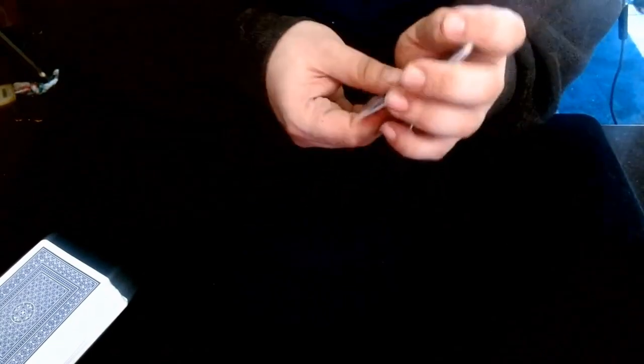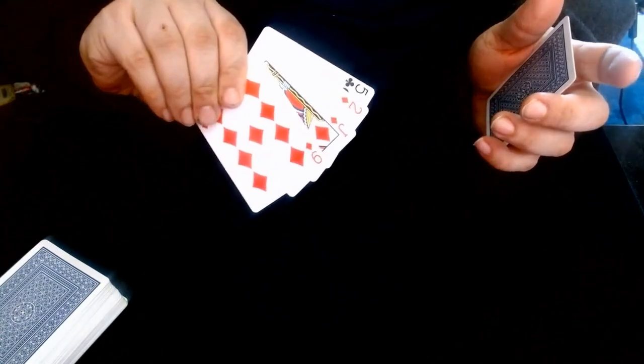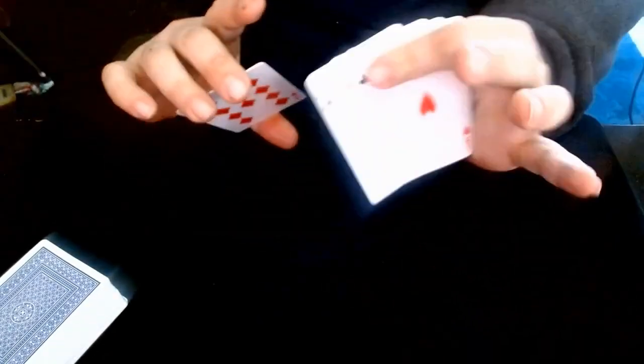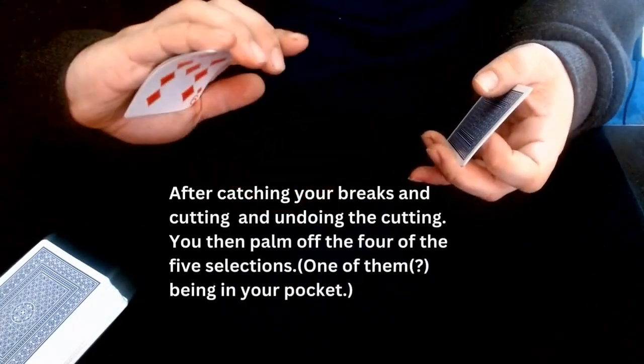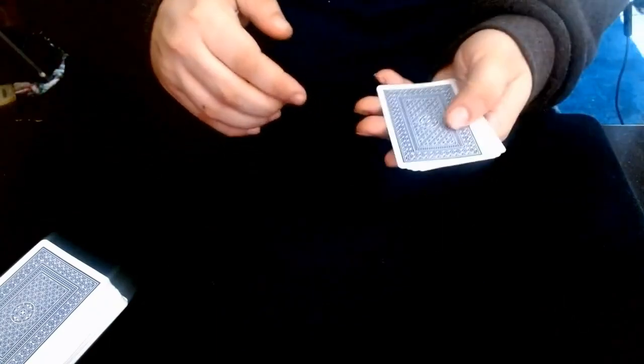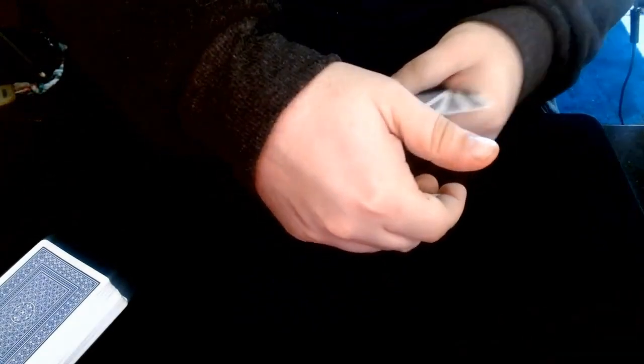So now you have a break between the 4 selections, one of them being their selection, the jack of diamonds, and the 4 aces right here. Now what you do is you top the 4 selections, and as you go to spread the cards, you're actually glimpsing.